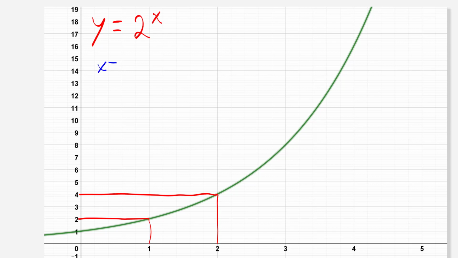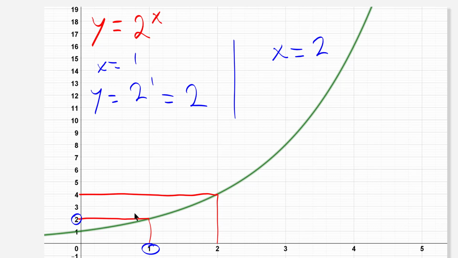If you input 1, well then y will equal 2 to the power 1, which is 2. So that's why our y value is 2. Similarly, if we take our input to be 2, our output y will be 2 to the power of 2, which is 4. And you can see that right here.